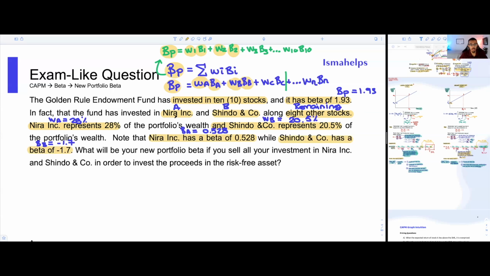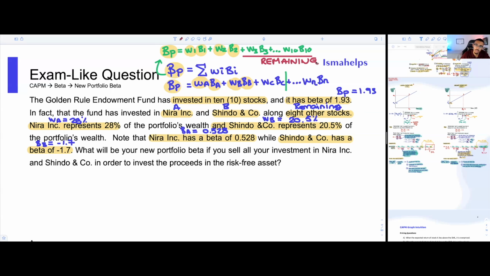Now, of course, we know that there's actually this remaining portion of our portfolio, right? There's the remaining 8 stocks that we didn't really talk about. This remaining 8 stocks, technically, if we were to visualize it, would represent this portion of our formula. This would be the remaining stocks, right? That we just don't see yet.